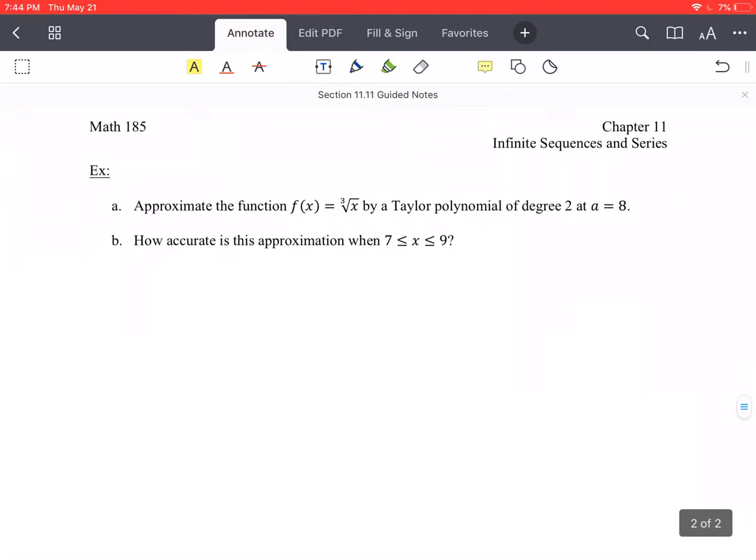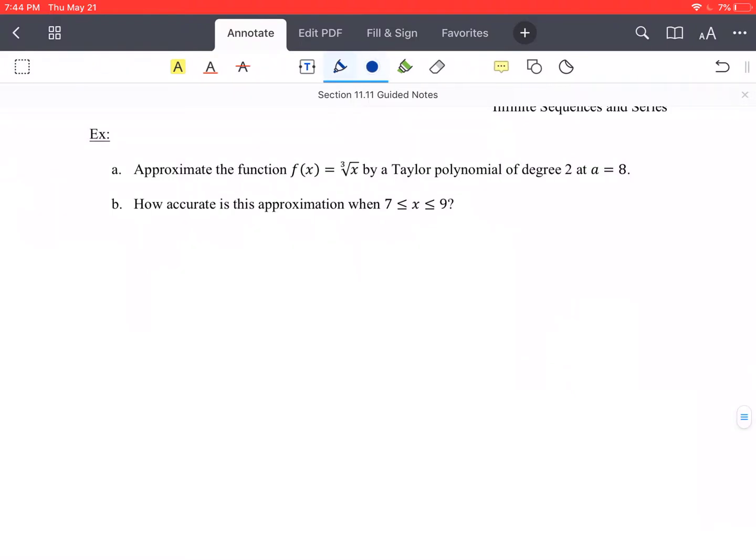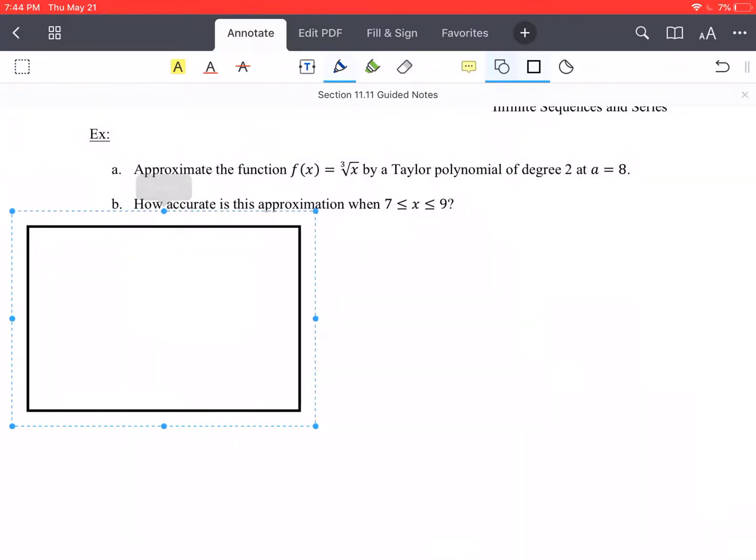So approximate the function f of x equals cube root of x by a Taylor polynomial of degree 2 at a equals 8. We're going to need a few values here before we get started on this. You can make a table if you want, you don't have to. I'll put this off to the side.